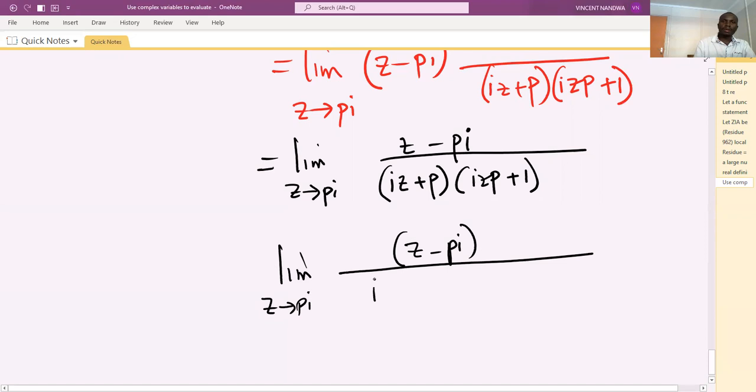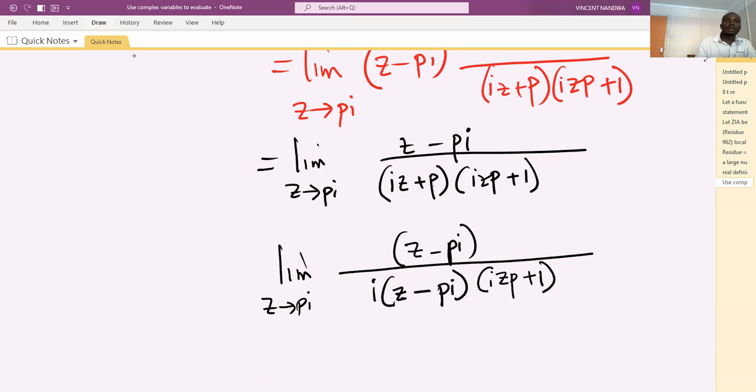So here I factor out I. So I need to have z here, and then I need to have minus pi, so that when I multiply this by this one, I'll get minus p times I squared. So I squared is -1. It gives me back my original plus p. Then this minus ip plus 1. So by doing that, this and this cancels out.